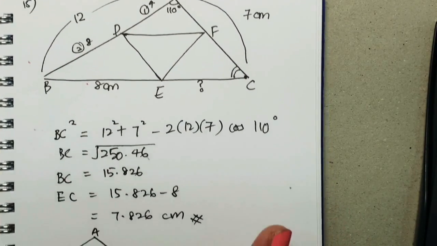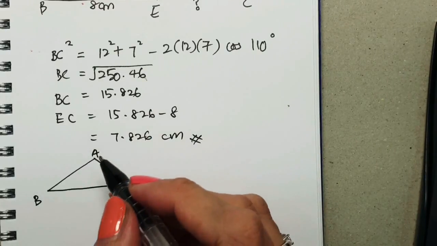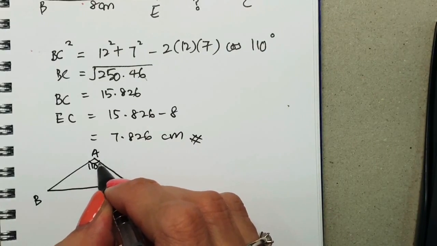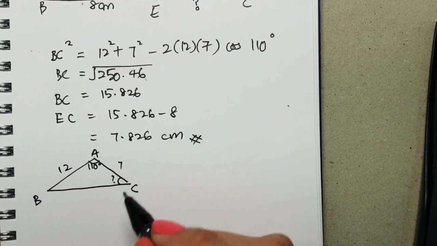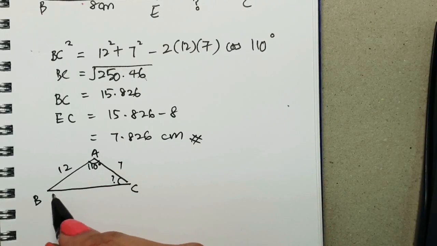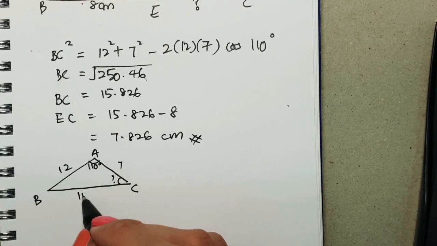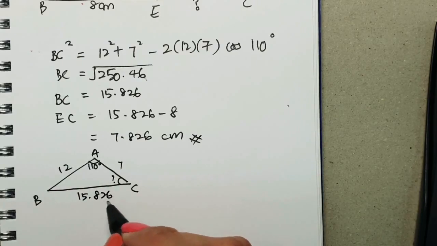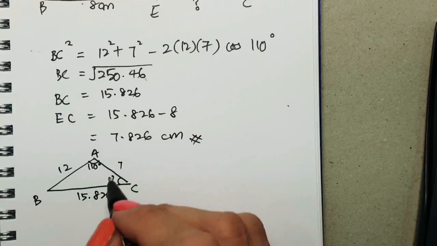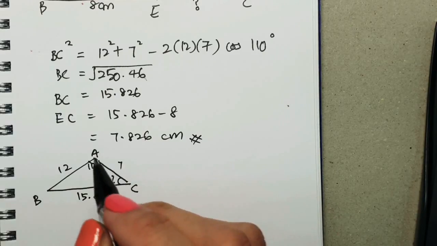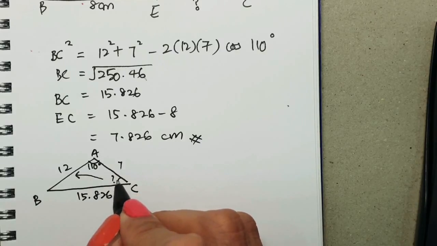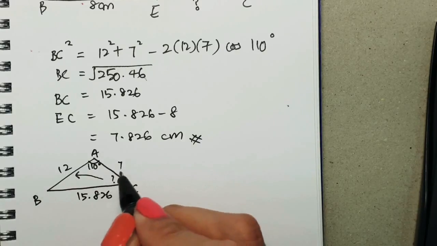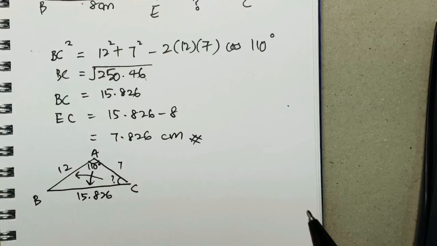the ABC. So we know that this is 110 and we need to find this, and we know that this is 12 and this is 7, and we just found that this whole thing is 15.826. If we want to find this, we have to use the pair, the angle with its side and the angle with the side over here.